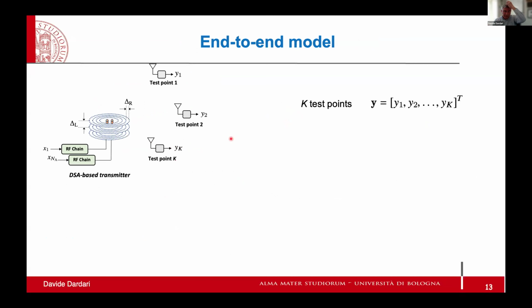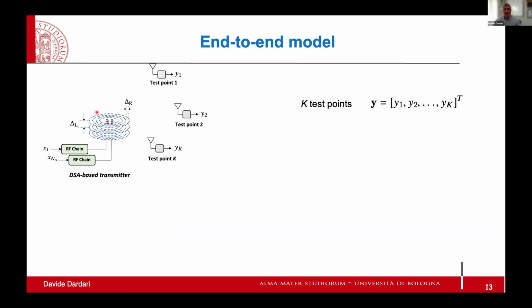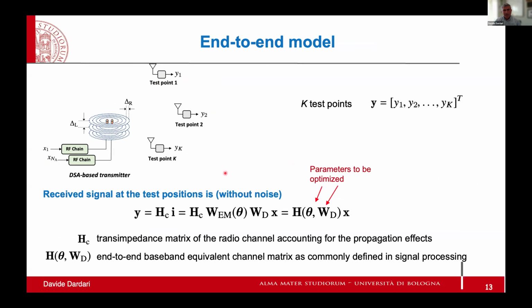Then we can derive the end-to-end model, because this is obviously the current, not what is seen at the receiver. With the purpose of deriving an end-to-end model, a model starting from the input symbol to what is observed by the end users and the antennas, we can also embed the channel. We can define, for instance, generic test points, an observation point, and the vector y.